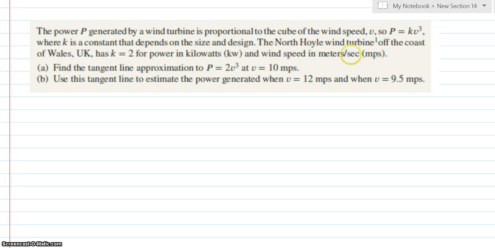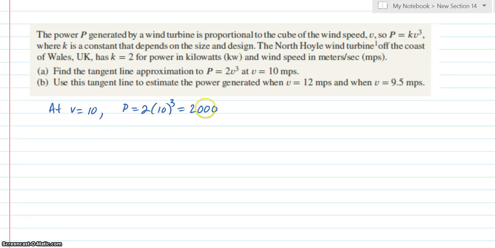The North Hoyle wind turbine off the coast of Wales in the UK has k equals 2, for the power in kilowatts and the wind speed in meters per second. Find the tangent line approximation at v equals 10. So at v equals 10 you can plug in for P, so that would be the point 10 comma 2000.